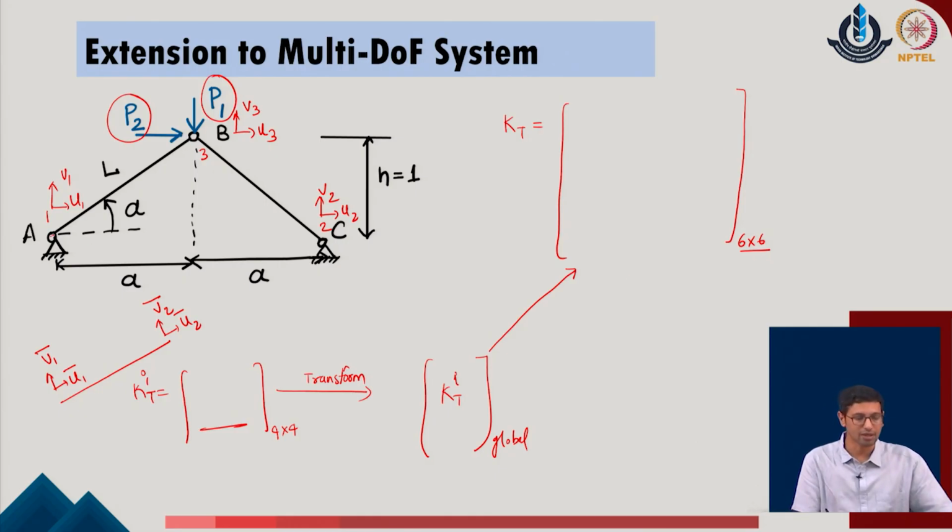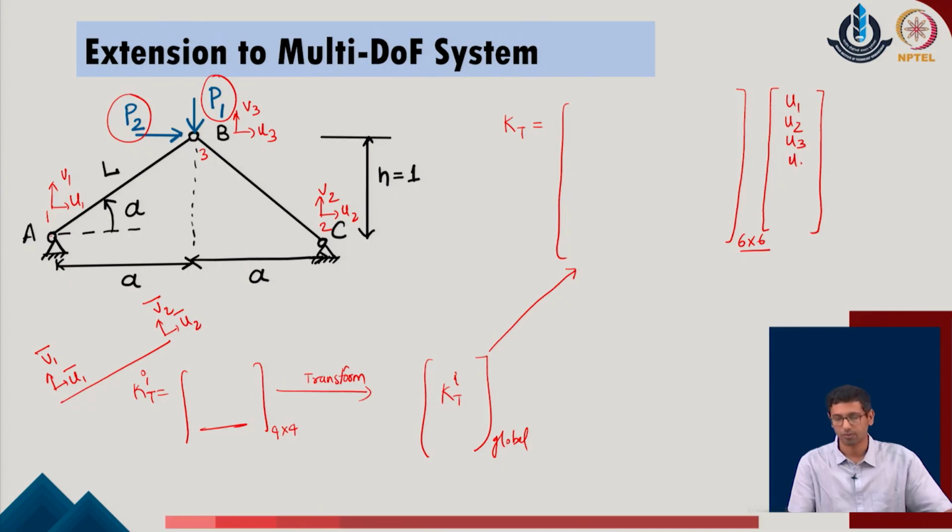But at the same time, I realize that when I use the solution, this KT into delta, which is say u1, u2 up to u6, is equal to the force representation of the given system. The force representation corresponding to the supports I do not know, these are the unknown values.